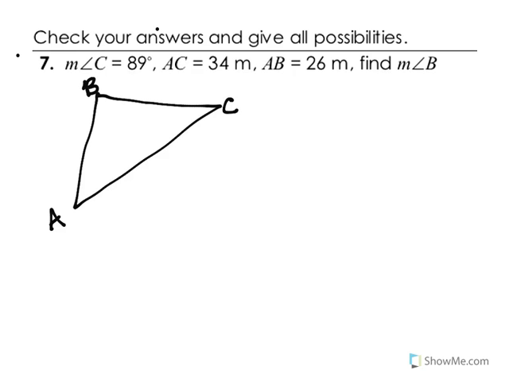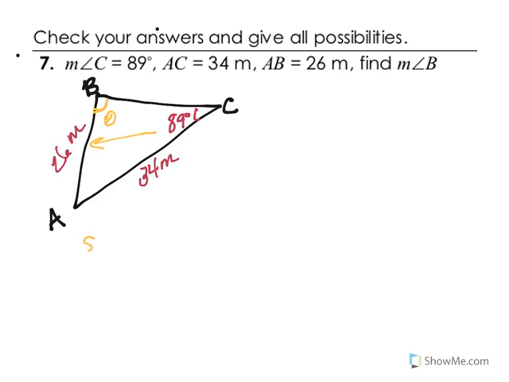Now, the angle of measure C, they gave it to us, is 89 degrees. AC is 34 meters. AB is 26 meters. And it asks us to find measure B, so I'm going to take that as theta. Now look to see if you have any pairs, and you do.